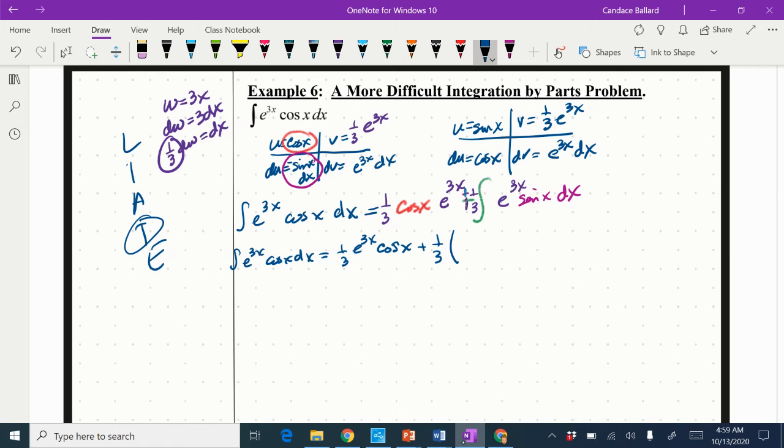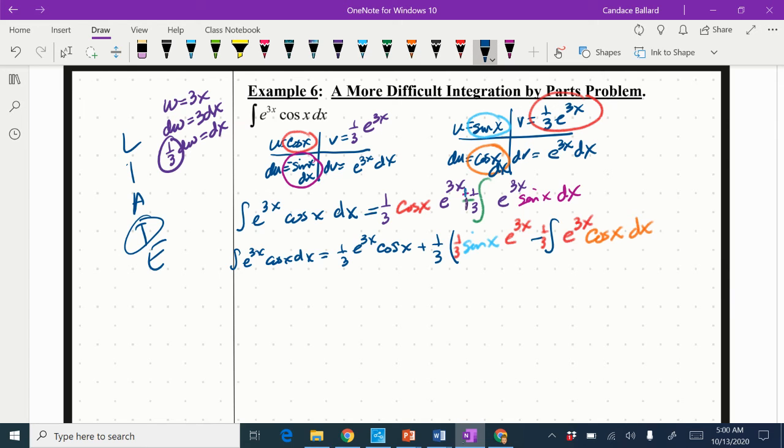So u is sine x. v is 1/3 e to the 3x. And then we're going to subtract the integral of v, which is the 1/3 e to the 3x, and then du, which is cosine x. Oh, and there's a dx missing after that, isn't there?